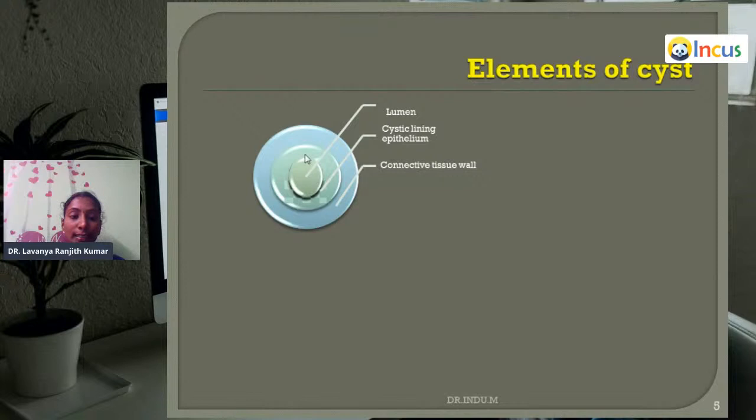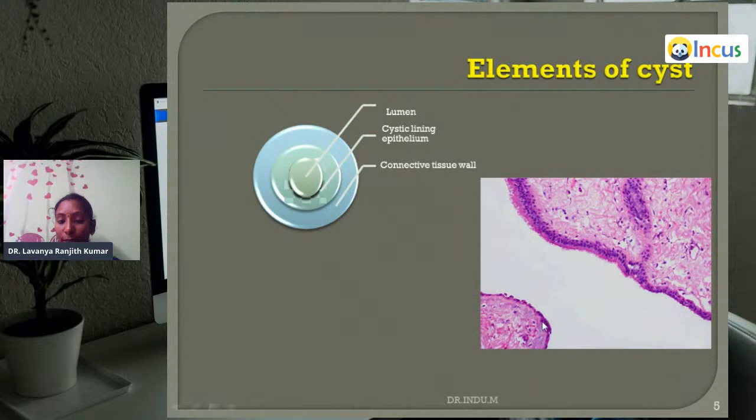It is covered by the second layer, the cystic lining epithelium. It can be stratified or simple, and keratinized or non-keratinized. Around this epithelial lining, we have a fibrous capsule, which is termed the connective tissue wall or connective tissue stroma, composed of collagen fibers.